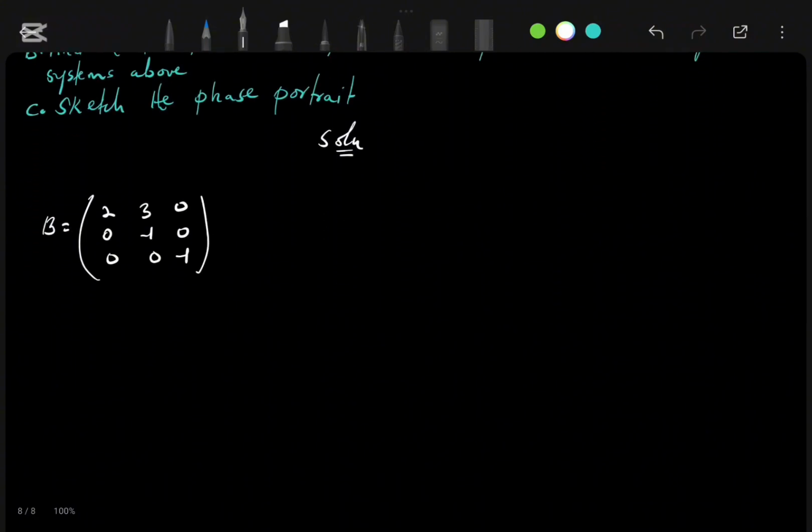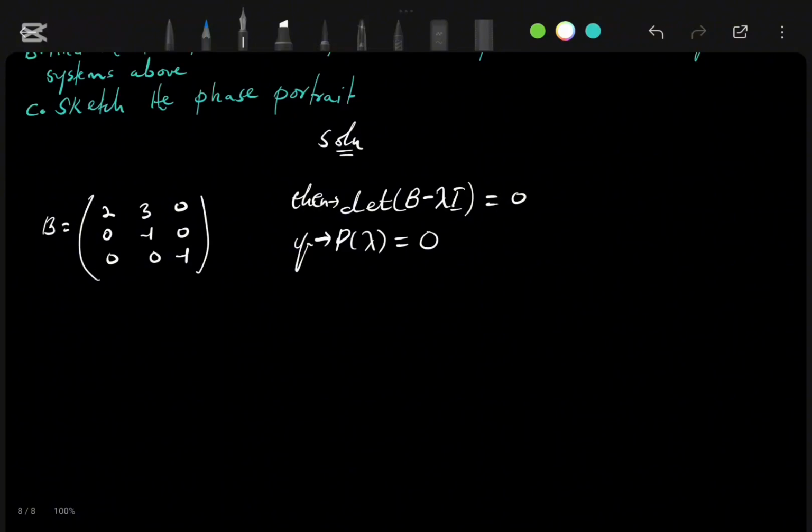Usually, when we are given a matrix, we start with finding the determinant of the matrix minus lambda I, and we equate it to 0. This is the same as equating the polynomial to 0. So if the polynomial equals 0, then the determinant of B minus lambda I will be equal to 0.